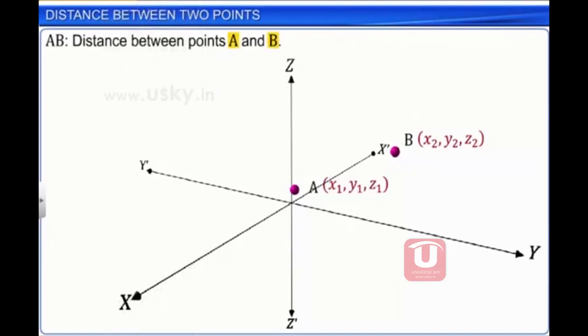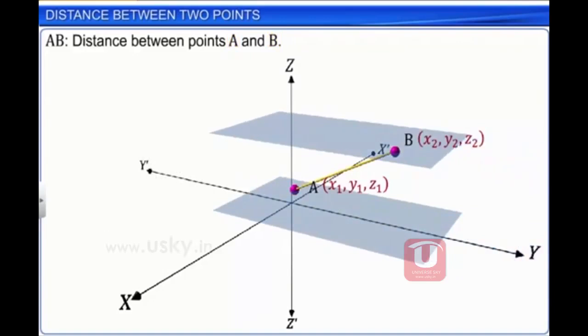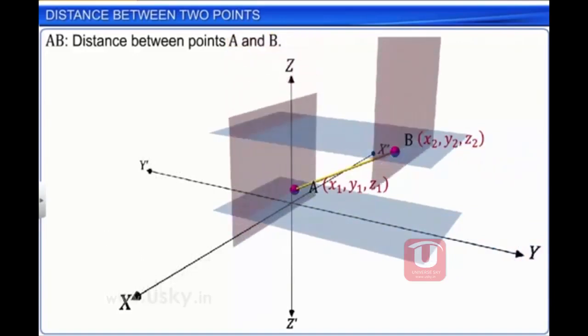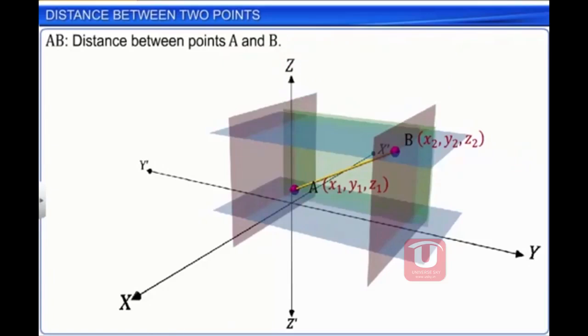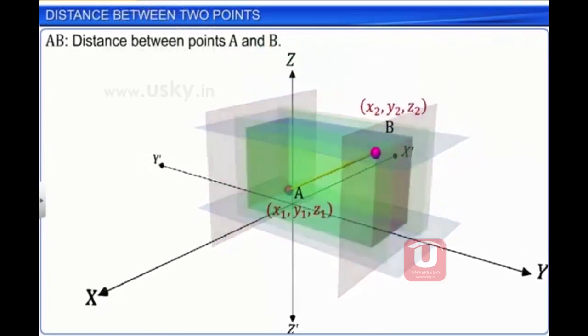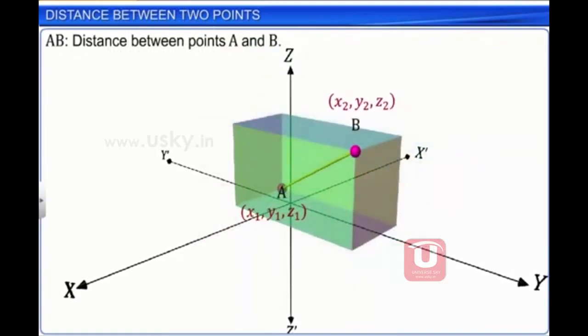Now, let us consider the planes passing through points A and B and parallel to the coordinate planes. We get a rectangular parallelepiped from the intersecting planes. We will take a point C on one vertex of the parallelepiped, as shown.